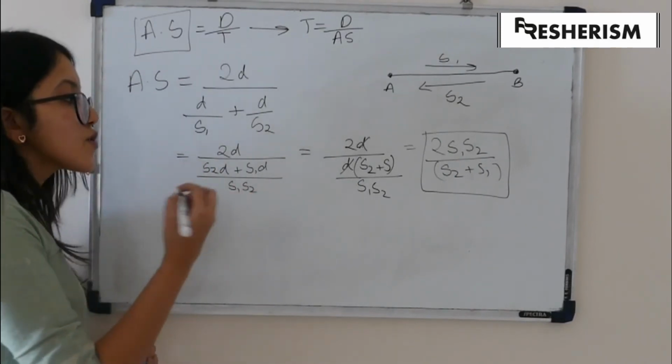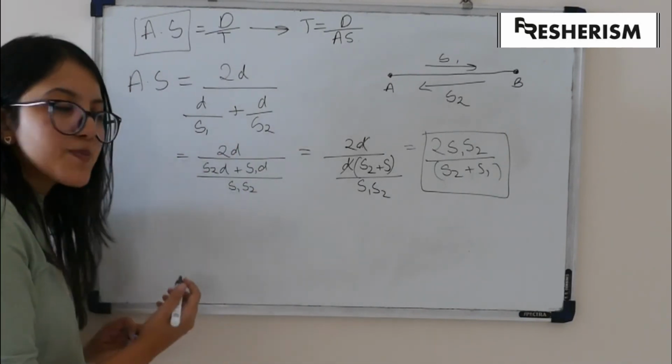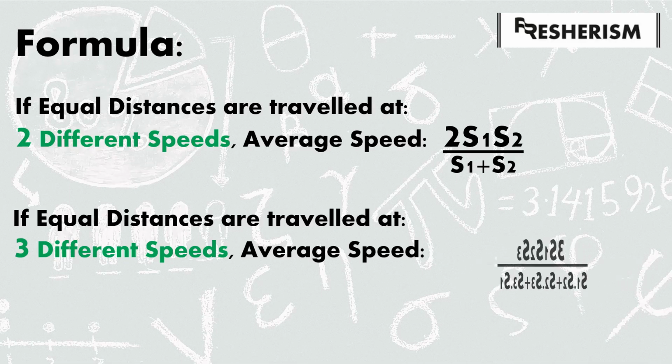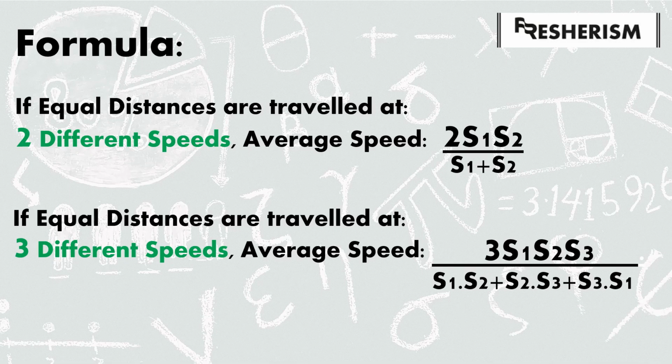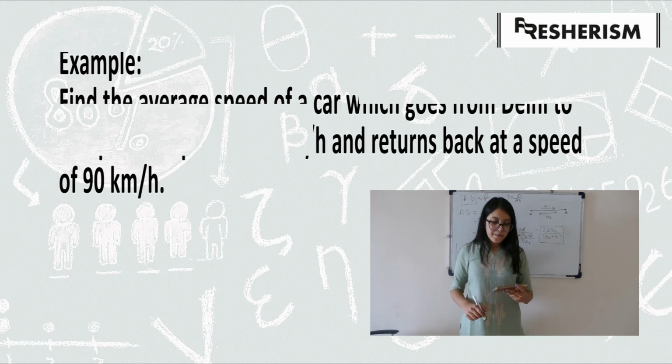Similarly, when three cars are traveling the same distance but in different speeds, then our average speed will become 3 s1 s2 s3 upon s1 s2 plus s2 s3 plus s1 s3. I hope this concept is clear. Let us now look at an example to understand this in a better way.